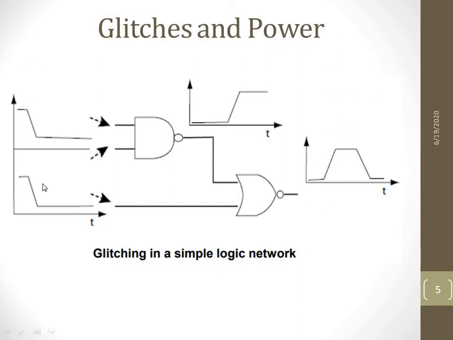Actually, NAND of high and high is low, and low and low is high. So low and then high.